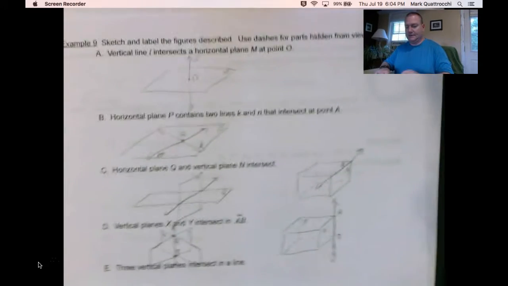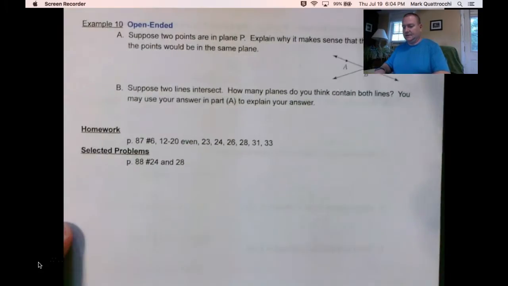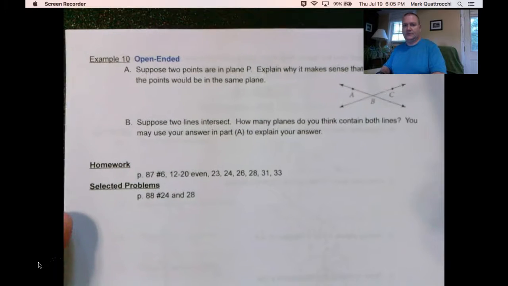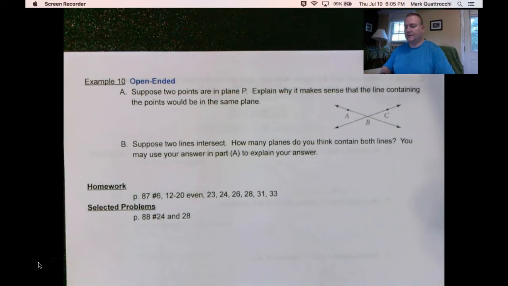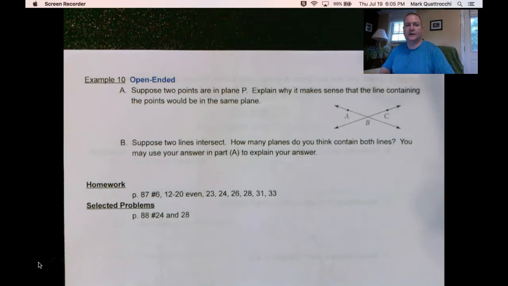All right, as I promised, example 10 is going to connect to a few of those always, sometimes, never questions that we had earlier. So example 10 is an open-ended question.